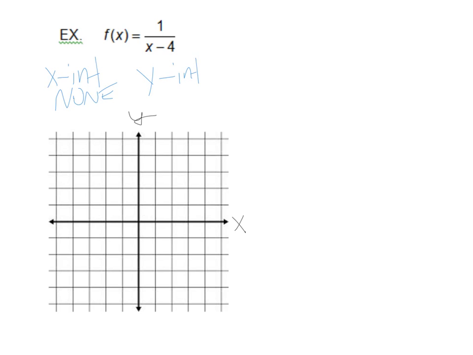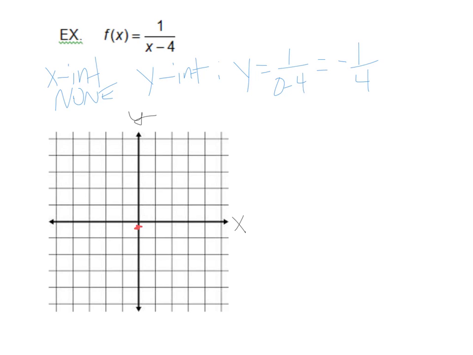Y-intercept, you replace all of the x's with zeros. So that's going to be y equals 1 over 0 minus 4, which is negative 1/4. So let's put the y-intercept on, maybe about right there.